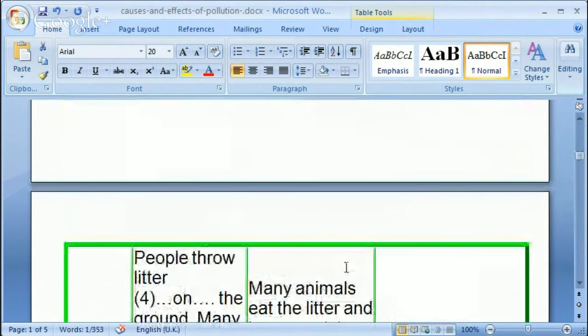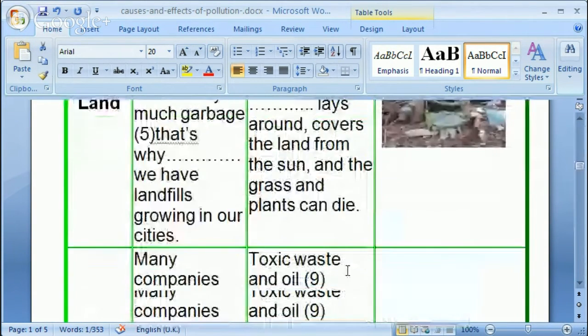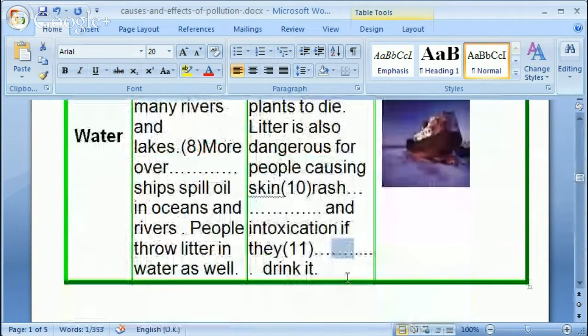Actually, I don't think this is a blank where we need anything. Intoxication if they... I don't think there's anything that works there. And frankly, grammatically speaking, I don't need anything there. Well, here's a little lesson to be learned.